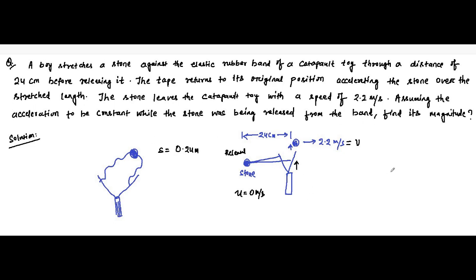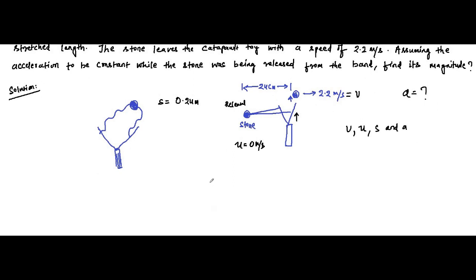We have been asked to find the acceleration. So we have to use an equation of motion which involves V, U, S and A. The obvious choice is V square minus U square is equal to 2AS. This is the perfect choice for it.